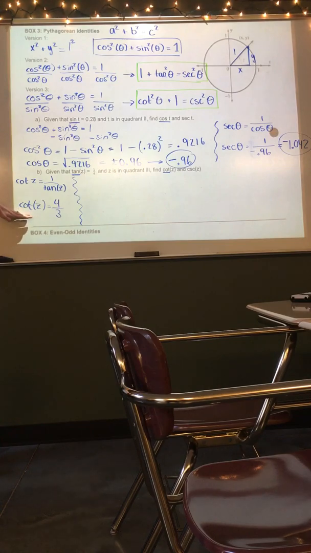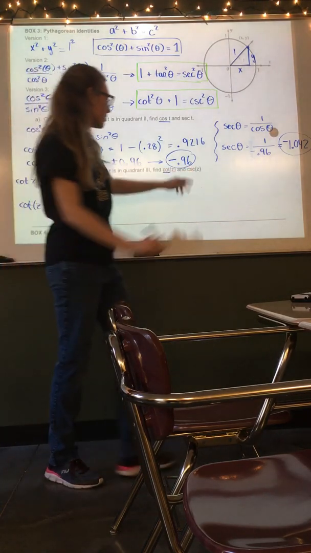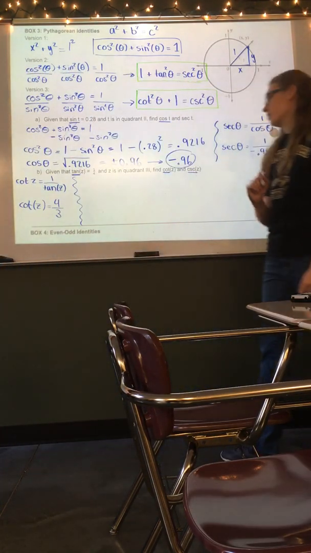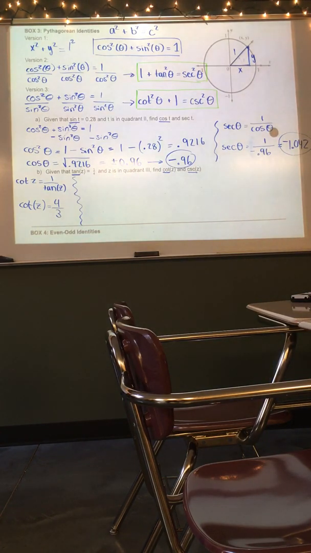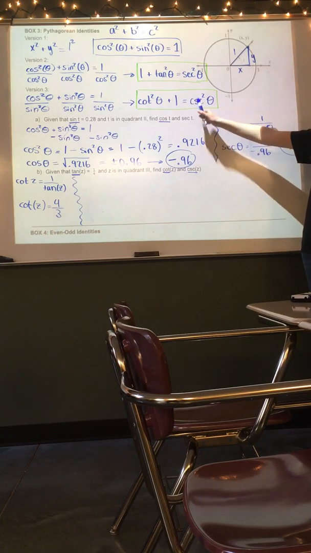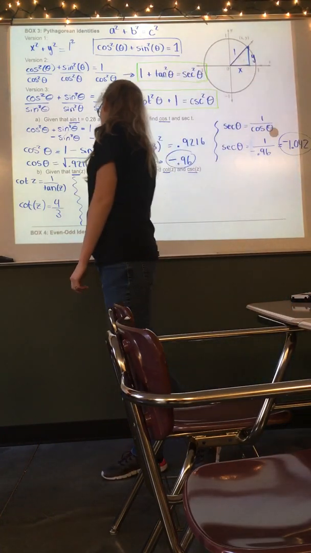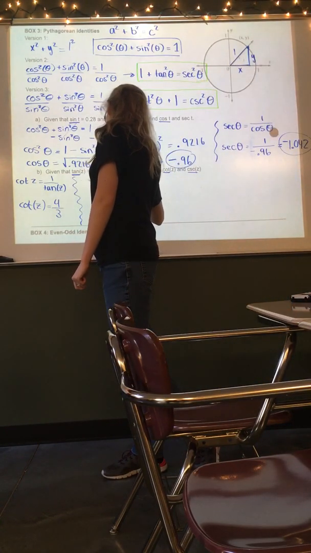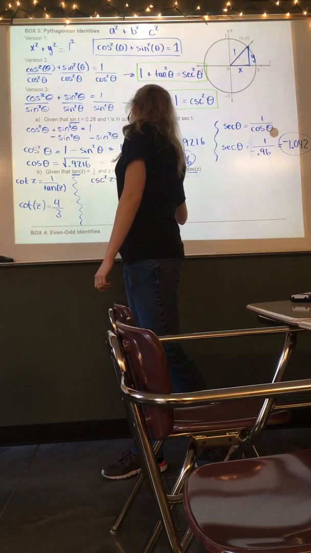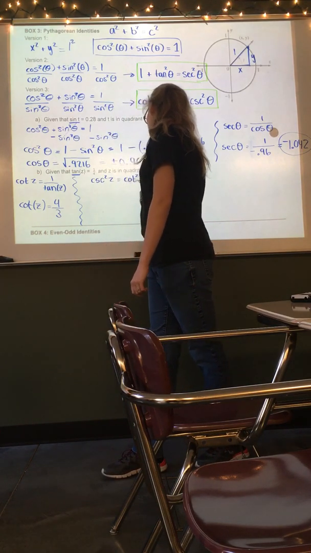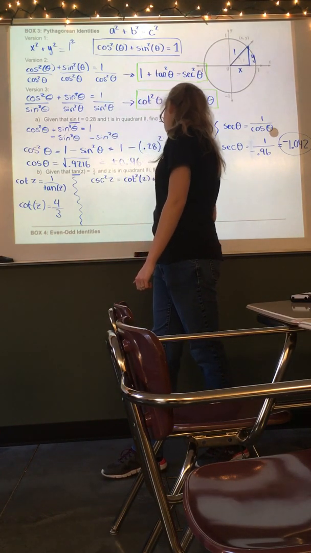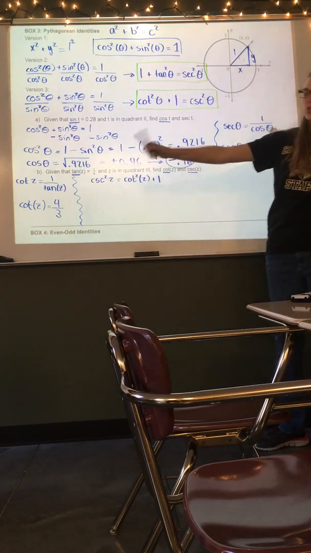Now we know cotangent, and we're being asked to find cosecant. Which equation do we have that connects those? Version 3: cosecant squared equals cotangent squared plus 1. We know cotangent, so we can plug it in.